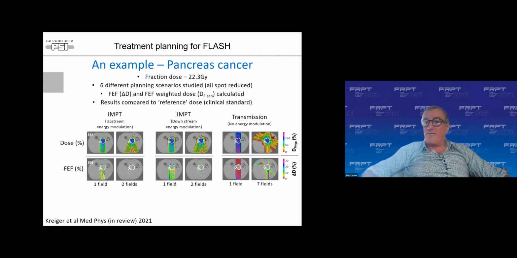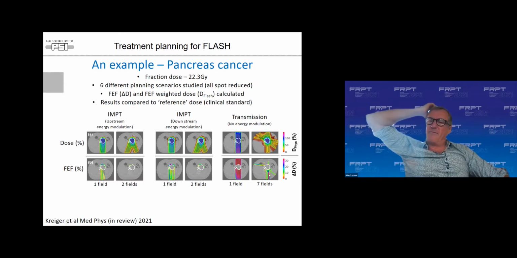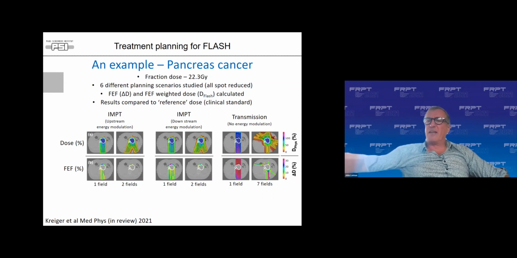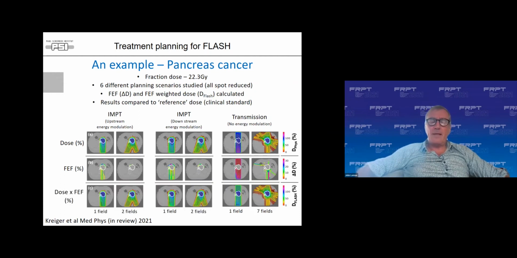We get a lesser flash effect with the 7 fields simply because the dose to the normal tissue where the fields are not overlapping, in many cases drops below the dose threshold we've implied, which remember is 5 gray. And then here we have simply dose times that flash effectiveness factor. So these are the flash weighted dose distributions, assuming the flash effectiveness distributions we see in the middle row.